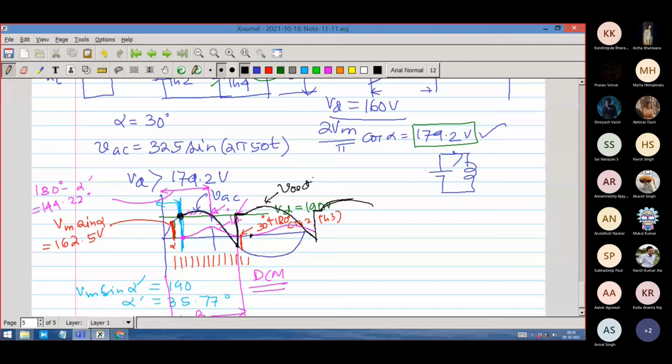This is VRECT. Negative cycle implies TH2 TH3 conduction. Positive cycle implies TH1 TH4 conduction. When the current is not there for some duration, it will be clamping to the level of VD. This level is VD.